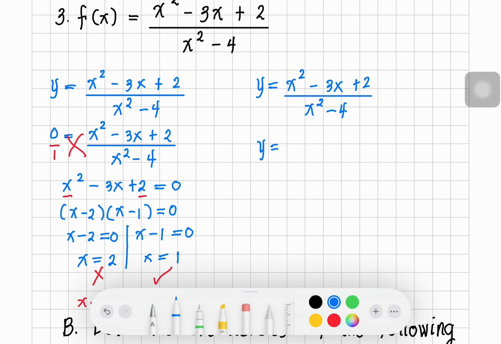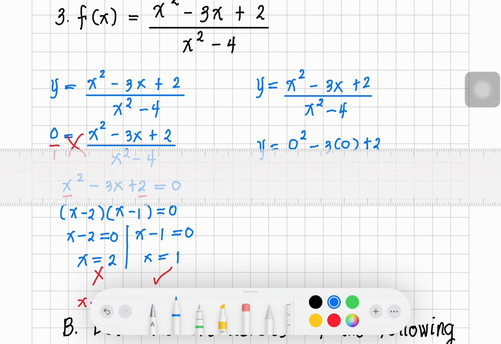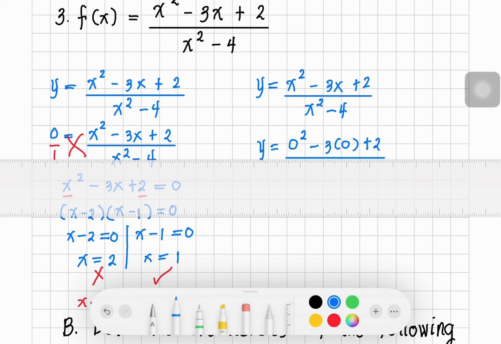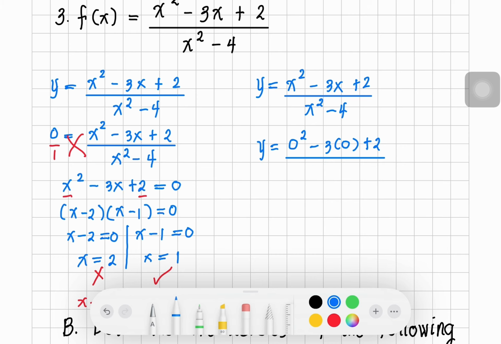Ibig sabihin, yung lahat ng variable x natin magiging 0. So 0 squared minus 3 times 0 plus 2, all over 0 squared minus 4.